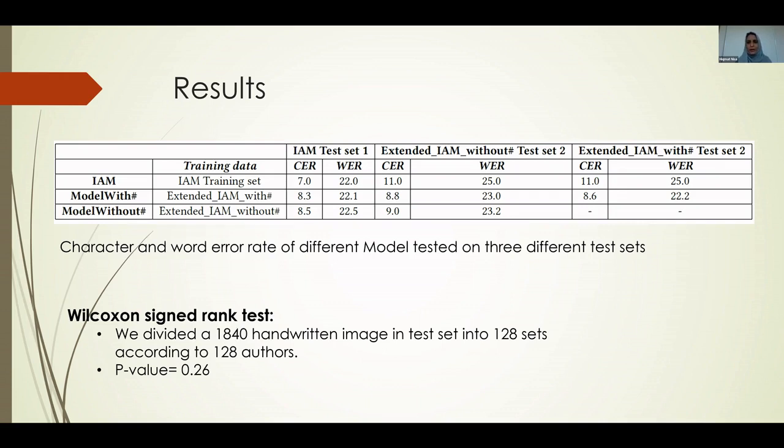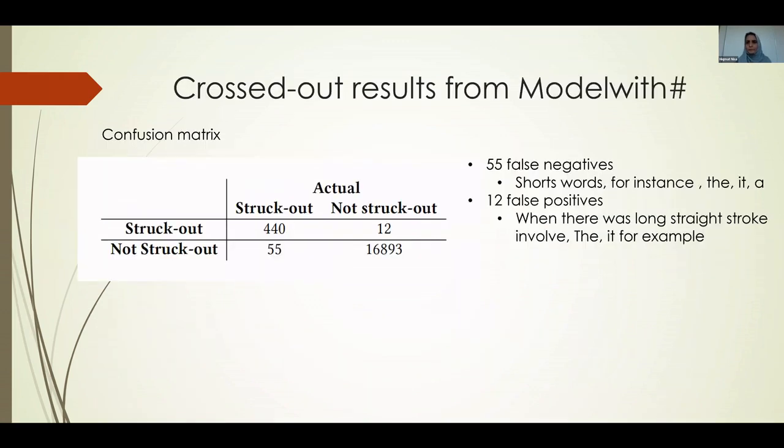But there is some more insight regarding cross-out text detection. For the model which was trained with hashes, there were 495 crossouts, and 440 crossouts were detected correctly.